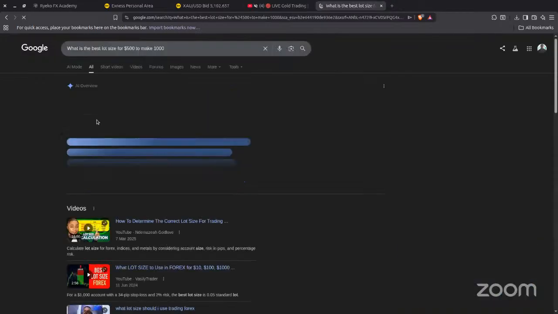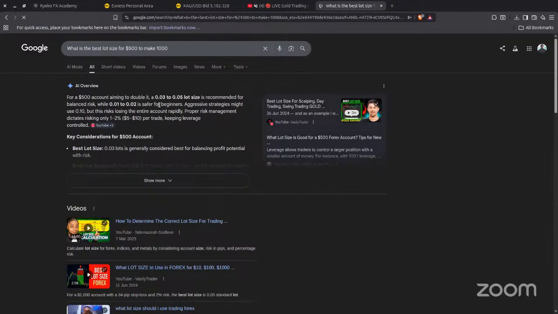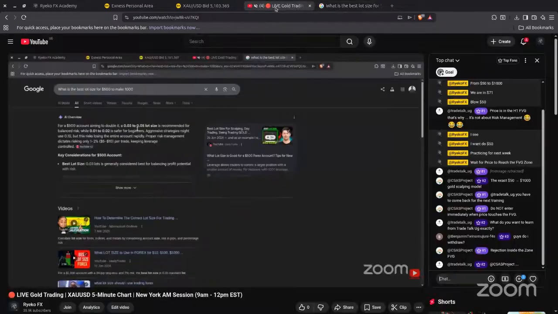I don't have that time, guys. So for a 500 account, the recommended lot size for balanced risk is 0.02. Aggressive strategies might use 0.01. That is being aggressive.